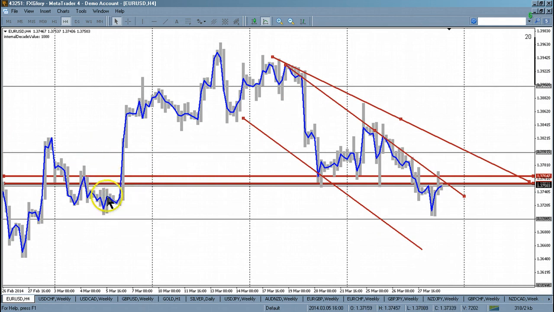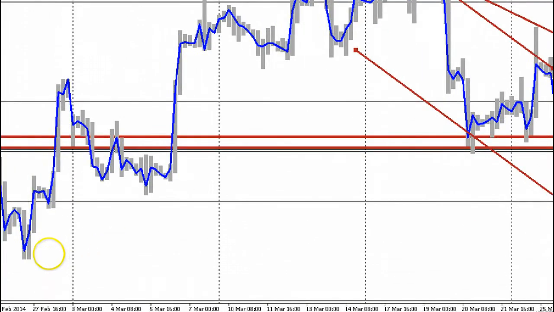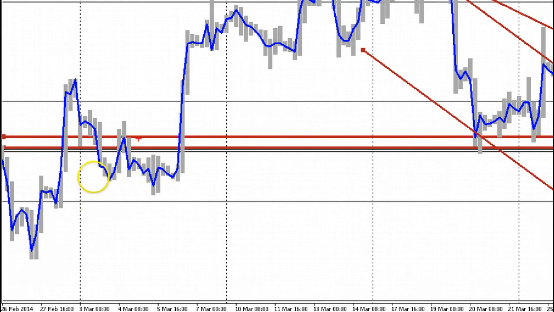This is prime territory for your entry for an elaborate trade plan that you set up. As this triangle forms and people say nothing's happening in the market, I hear this from traders, nothing's happening in the market, I go, there's something happening. And what you should be doing when something's not happening is start thinking about where you're going to get in.